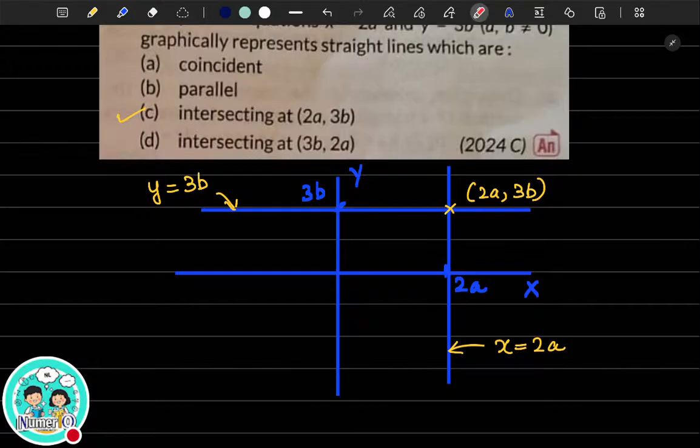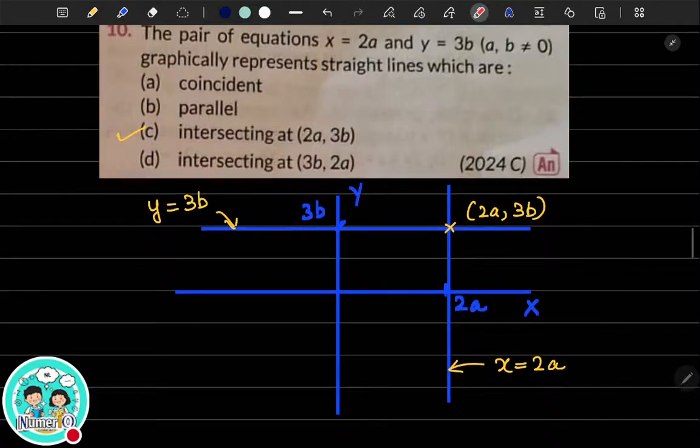Whenever you are drawing a line, always mention which equation is being represented by that particular line. So suppose I am drawing a line which is y equal to 3b, I should write along the line that this line I have drawn is representing this linear equation. The other line that I drew, x equal to 2a, I should write it.